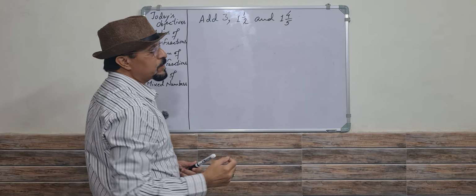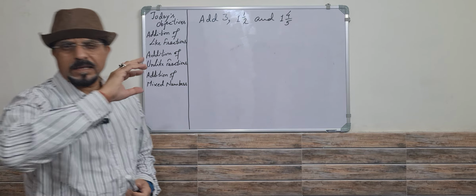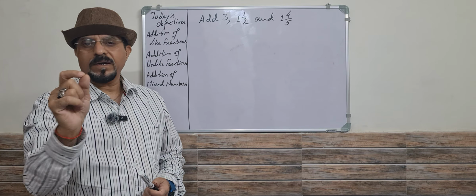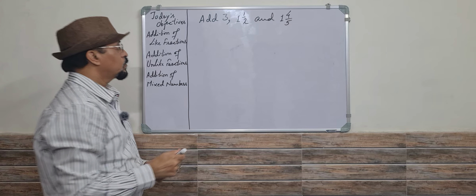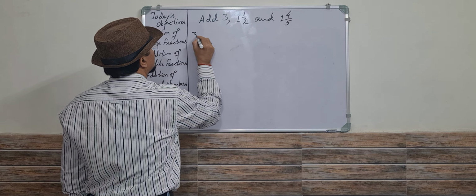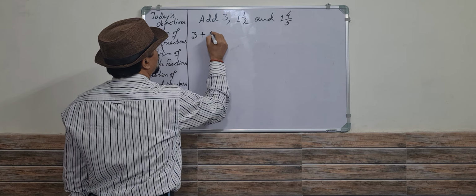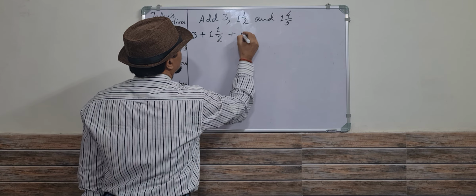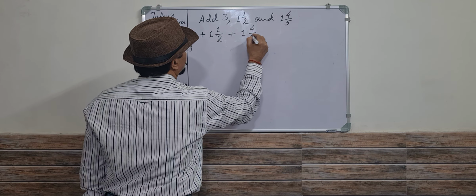We can always consider any whole number as a fraction by just putting 1 in the denominator. So our question will become 3 plus 1 whole number 1 by 2 plus 1 whole number 4 by 5.